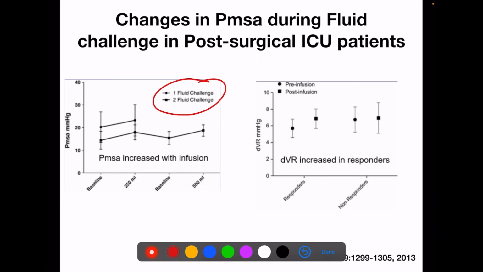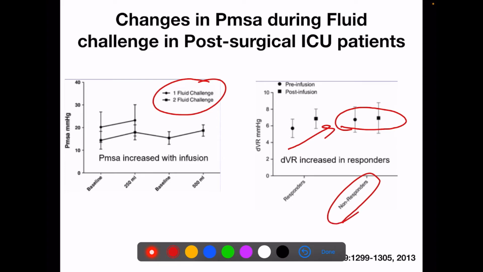And what they found out was the patient was a responder if there was an increase in the driving pressure, which means that giving the fluid did not result in an increase in the right atrial pressure. If by giving the fluid there was an associated increase in the right atrial pressure along with the mean systemic filling pressure, then there was no difference in the two, and there was no driving pressure, and the patients were non-responders.